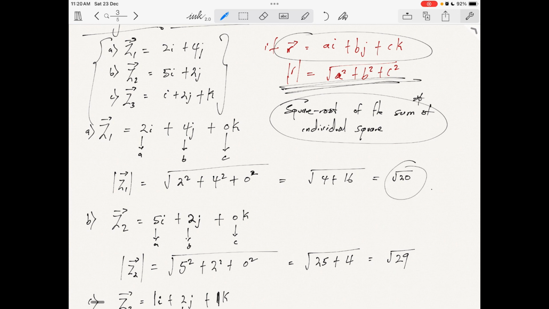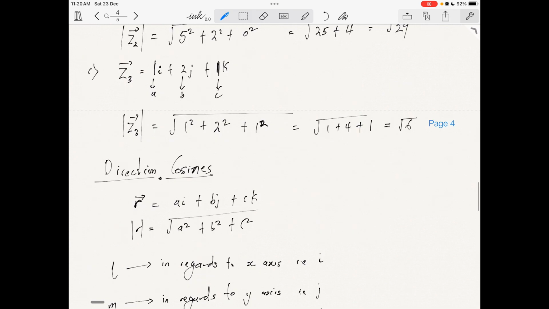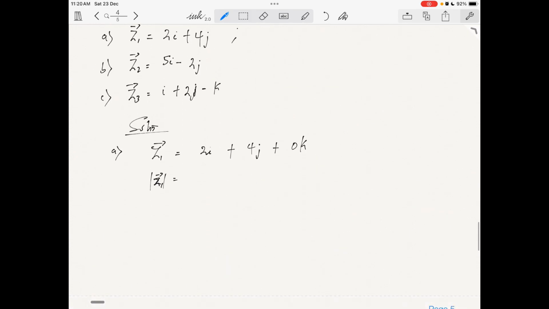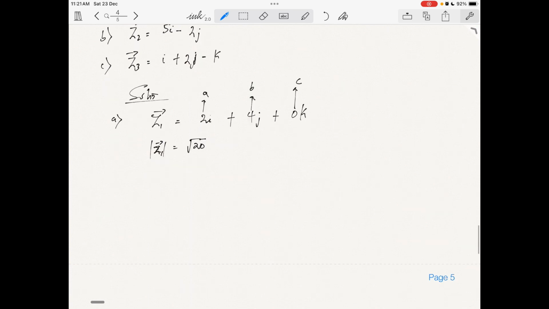We know that 2 is equal to a, 4 is equal to b, and 0 is equal to c. Now there are our formulas for l, m, and n, which are the directional cosines we'll be looking for.